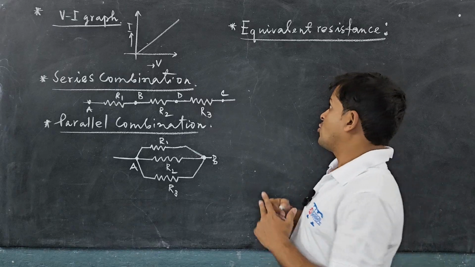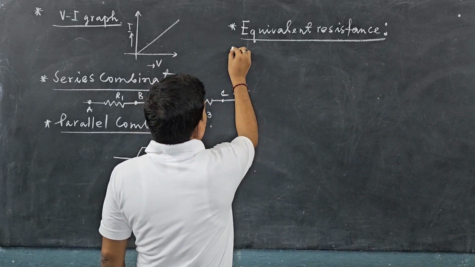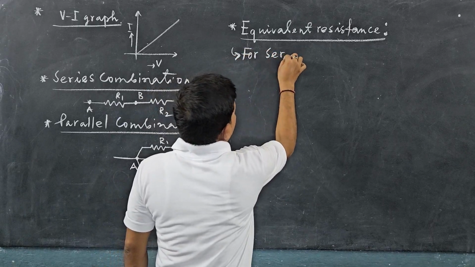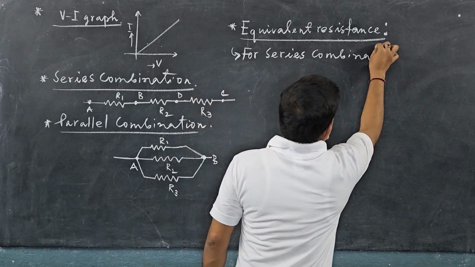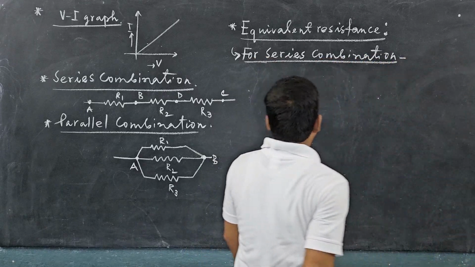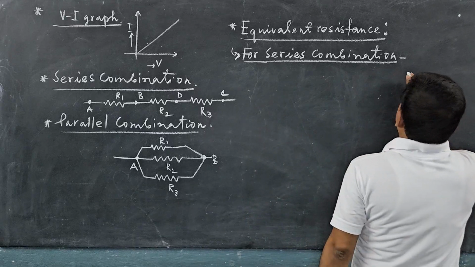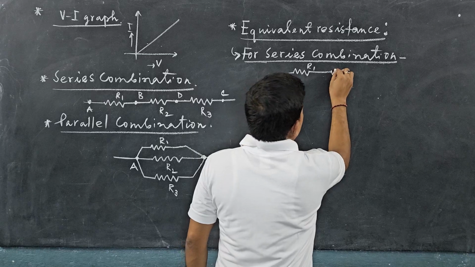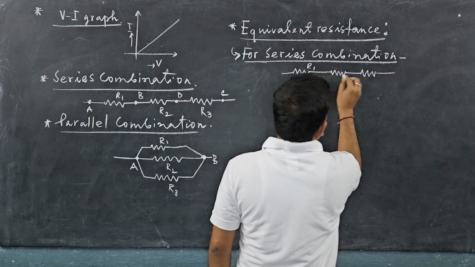Okay, so what will be the value of it? Now we can calculate the equivalent resistance for the series combination. Let us consider R1, R2 and R3. There are three resistors: this is R1, this is R2, and this is R3.